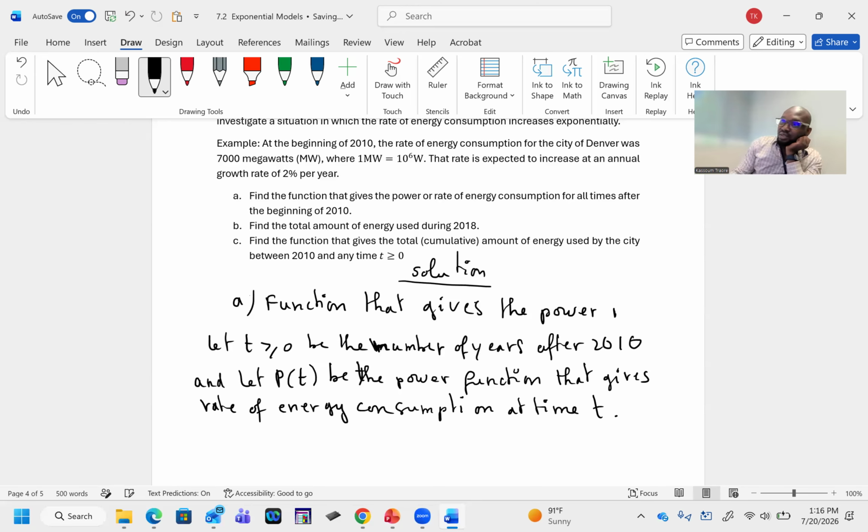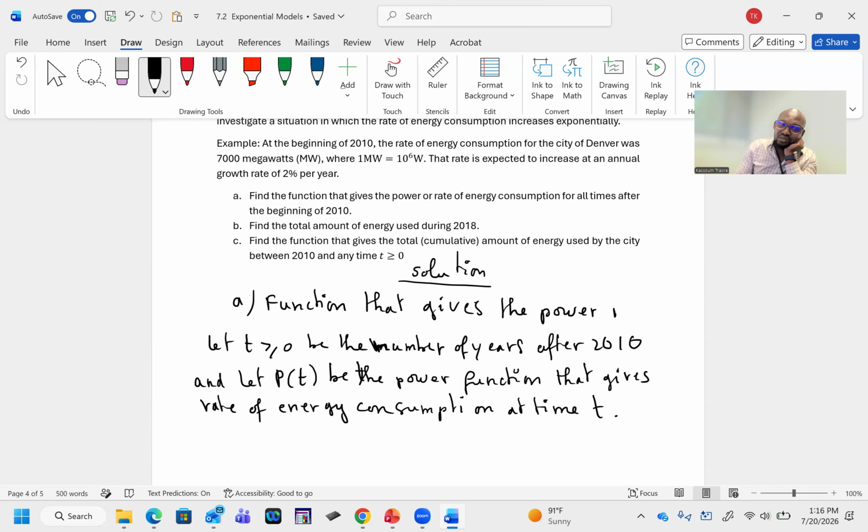So now, what did the problem say? The problem said that the rate is expected to increase at an annual growth rate of 2% per year. So that means what? Because P increases at a constant rate of 2% per year, it's just similar to the problem we just solved, okay? It increased exponentially.